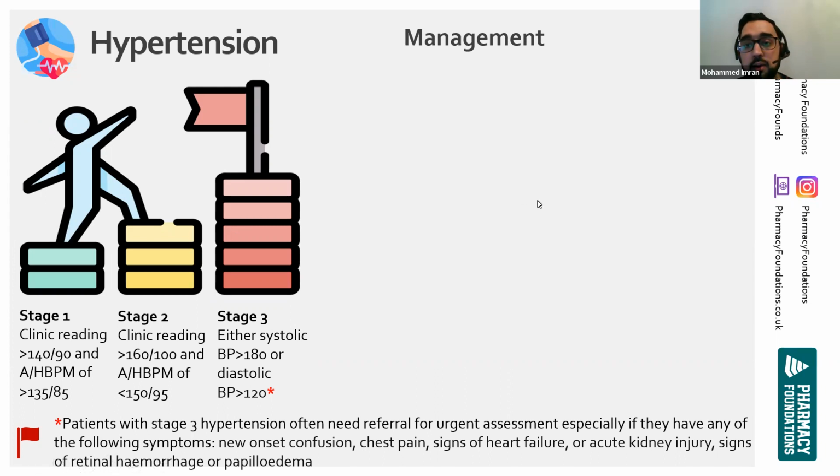Now, a really key point is patients with stage 3 often need referral, of course, for urgent assessment, especially if they have any of the following symptoms. So new onset confusion, chest pain, signs of heart failure, or acute kidney injury, or signs of retinal hemorrhage or papilledema.